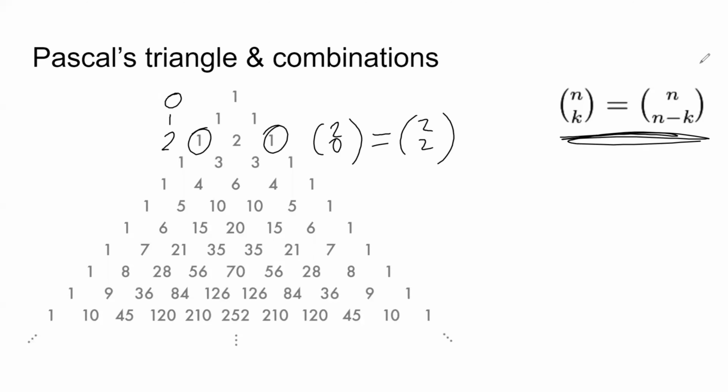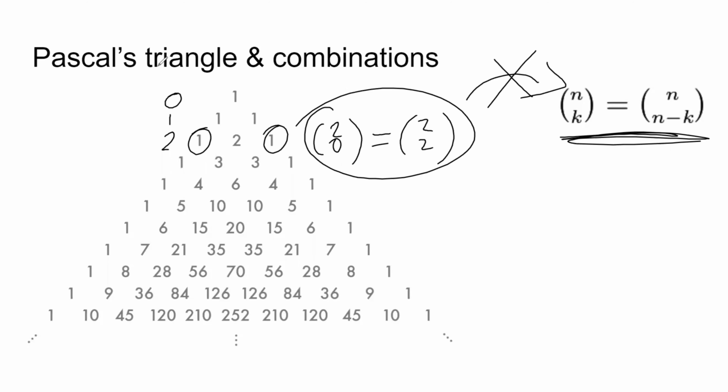So you have to be careful when you're trying to use this to prove what you find in general, because knowing this fact doesn't necessarily prove this. So can you guys find some way to prove n choose k is equal to n choose n minus k?